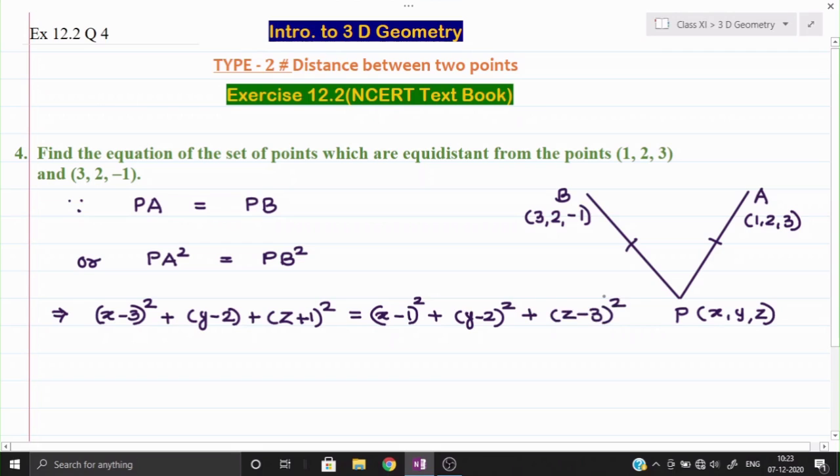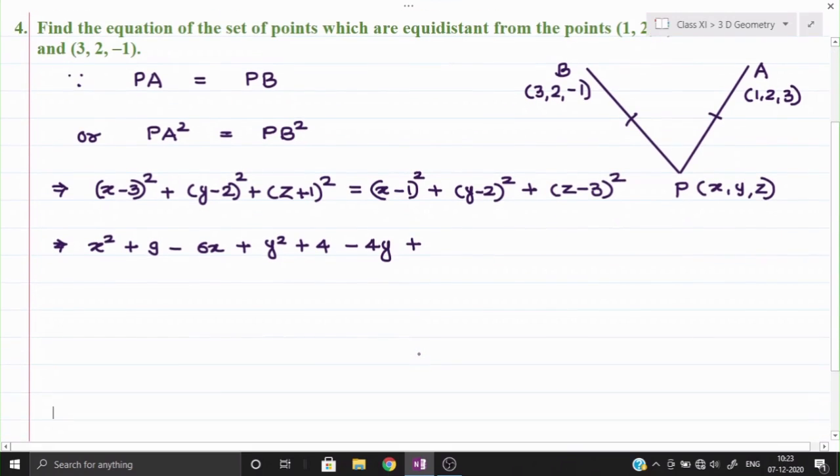Now let us see how we can go further. Here, first of all, we shall open all the three brackets. Okay. So first, if I open (x minus 3) whole square by the formula (a minus b) whole square, it is x square plus 9 minus 6x. And (y minus 2) whole square is y square plus 4 minus 4y. Similarly, (z plus 1) whole square will be z square plus 1 plus 2z.